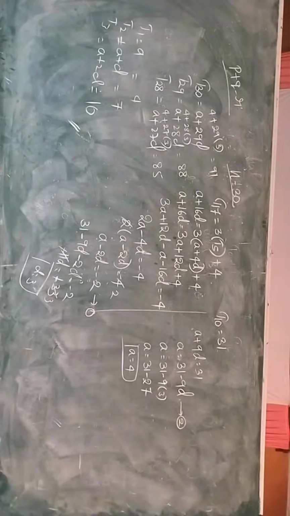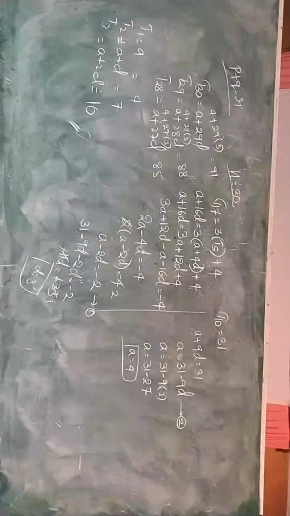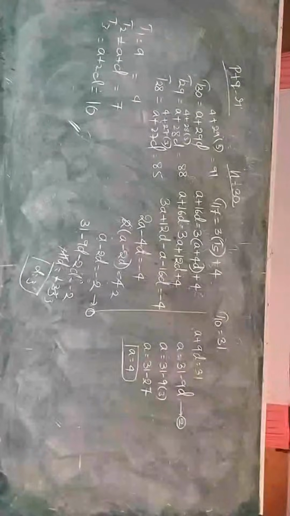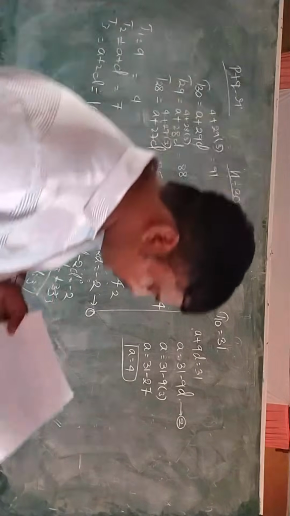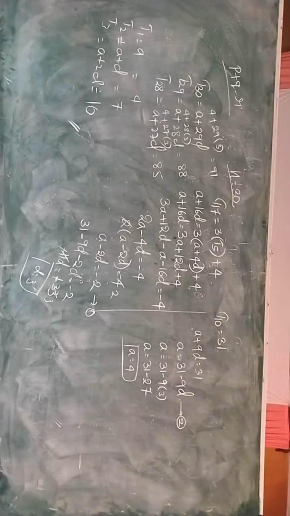One more question, you can note down. I think I didn't solve this question. Did I solve this in regular classes? Solved, you can check it once. This one I solved already.